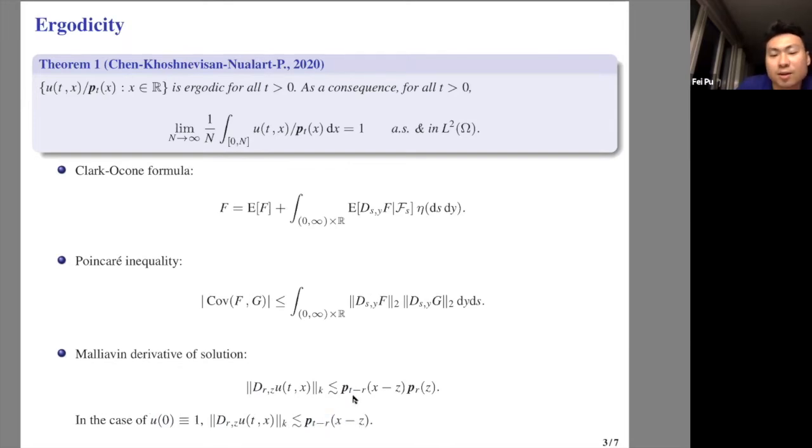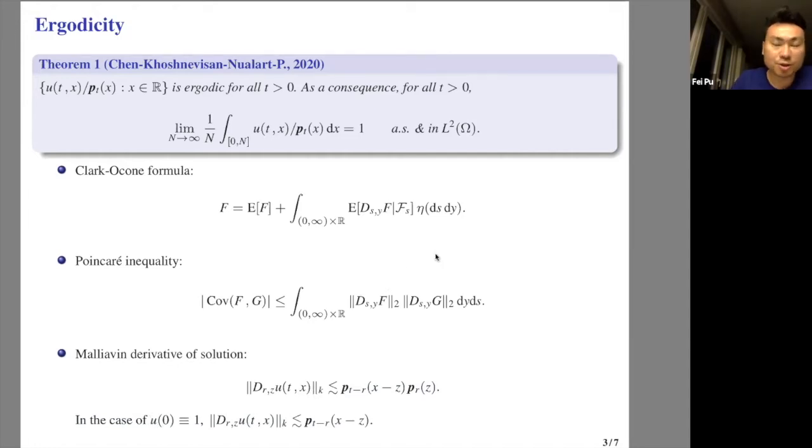So you see, we can compare these two inequalities. In this case, if we have Dirac delta initial condition, then for the Malliavin derivative, we have two quantities, we have two heat kernels. So this is very different from the stationary case.